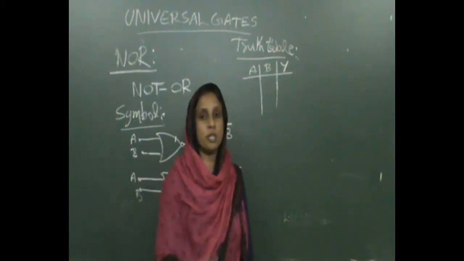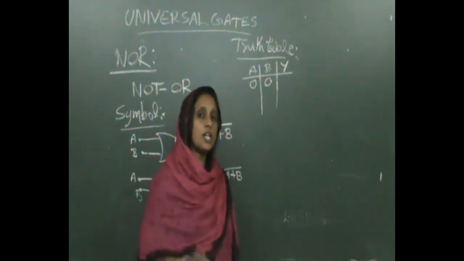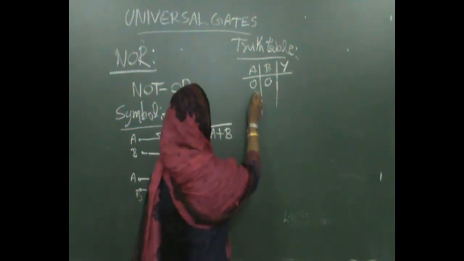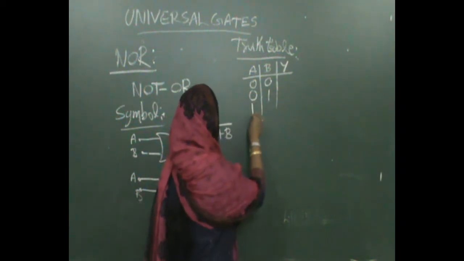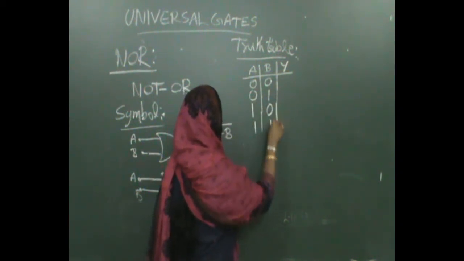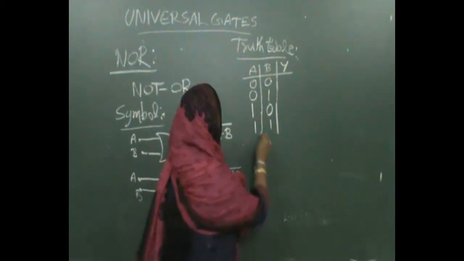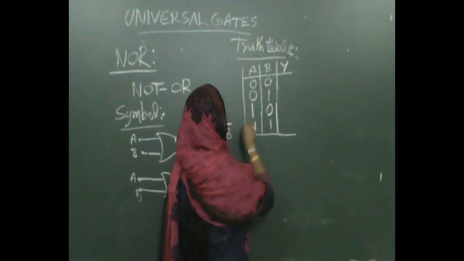First case, both are low, 0, 0. Then one input is low, the other one is high, 0, 1, 1, 0, then 1, 1. These are the different combinations of the input.